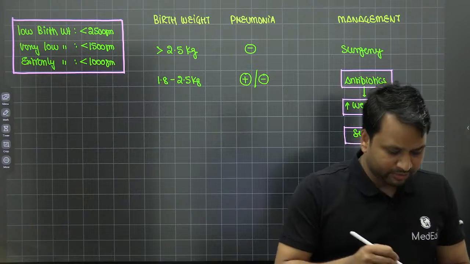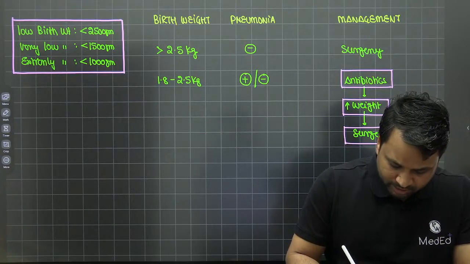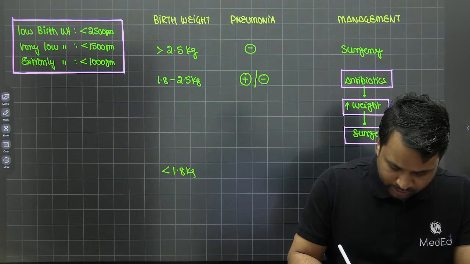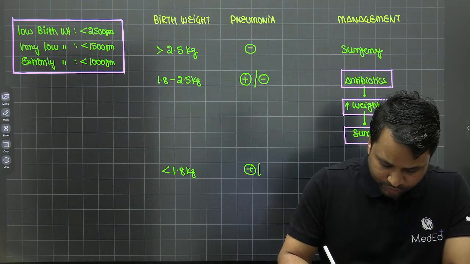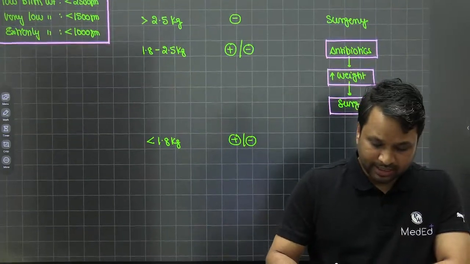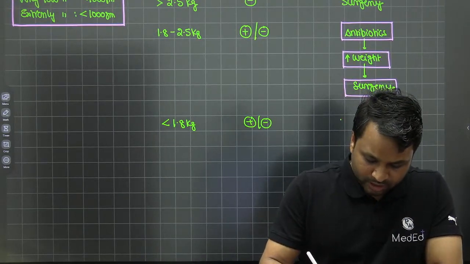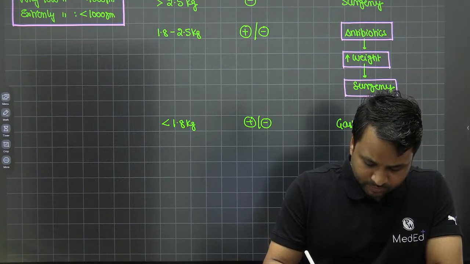Now, the one which is going to be even trickier: if the weight of the baby is less than 1.8 kilograms, with or without pneumonia, I cannot do an upfront surgery, so I will do a gastrostomy.